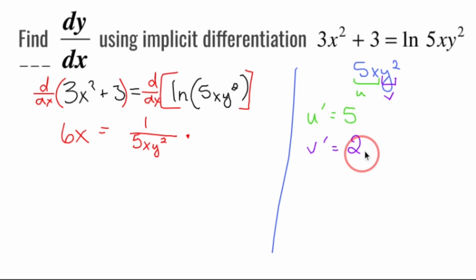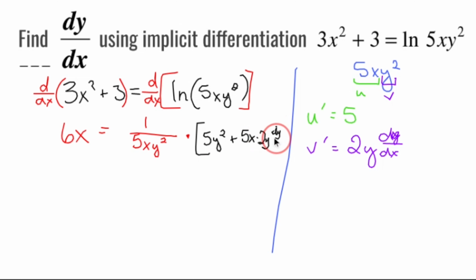dy/dx. So product rule, putting it all together, is going to be u prime v, so 5 times y squared, plus v prime u. So I'll actually write this out as 5x times 2y dy/dx.